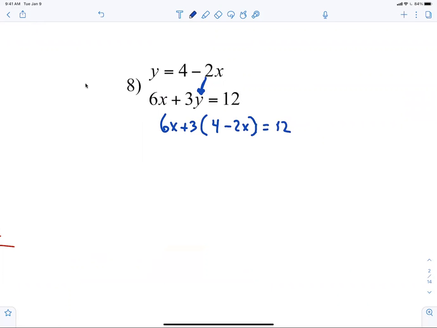Well, I don't know that yet. 6x plus 12 minus 6x equals 12. So is that a true statement? No. It's not. I got 12 equals 12, correct? So what does that mean?